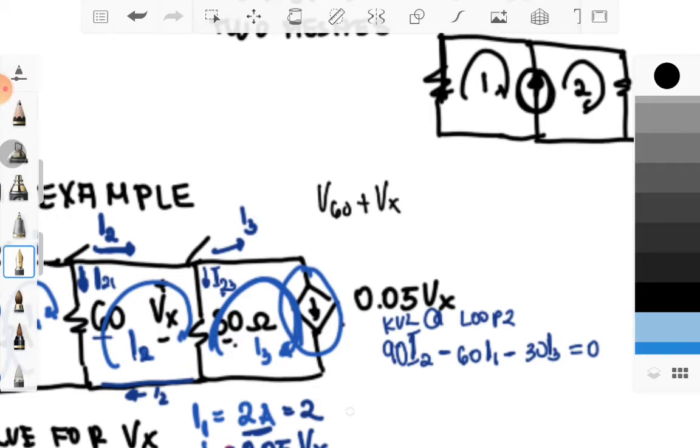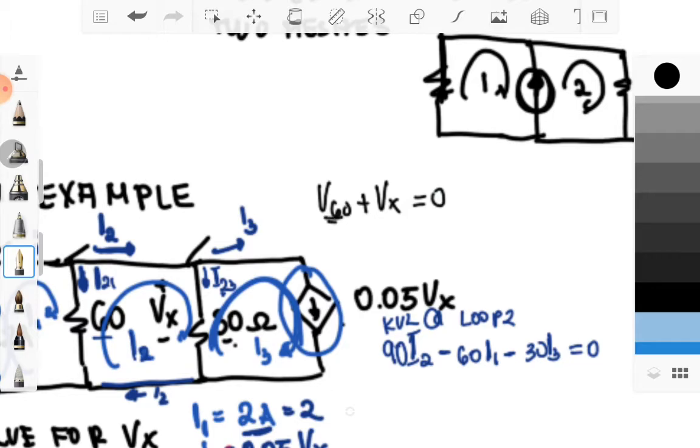But positive, sir, kapag current, pabaliktad or papasok yan sa negative. Take note, yung resistor niyo is always positive yan, unless meron kang linagay na negative dyan. So, para magiging negative yan, pag binaliktad mo na yung current. So, plus Vx equals 0.